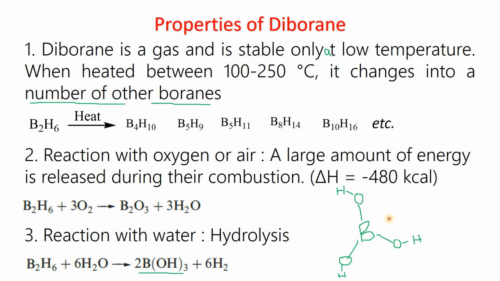When it is dissolved in water, it forms B(OH)4 minus, and this octet is completed, plus H plus ion. So it releases H plus ion. So it is a weak acid in the water.